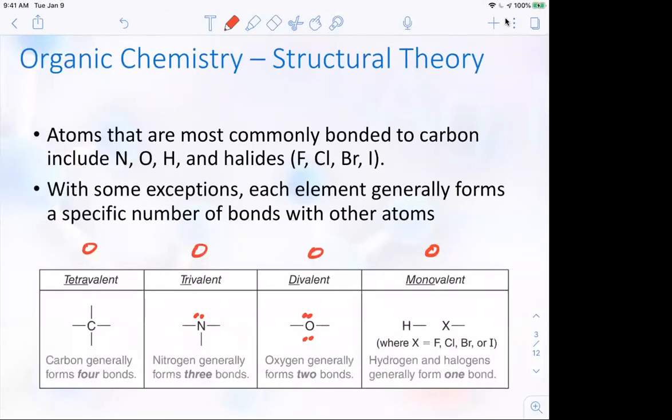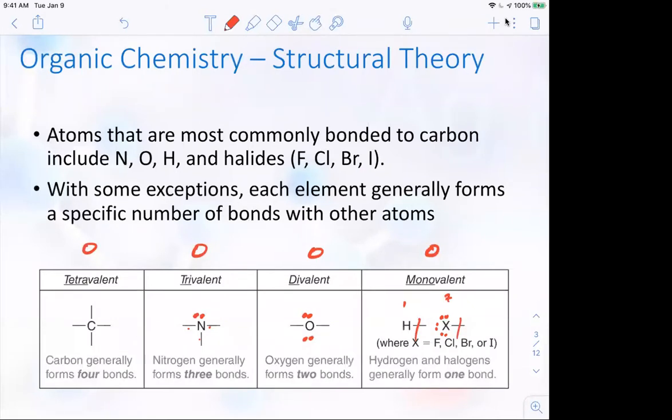With nitrogen, I have 1, 2, half the bonding, 3, 4, 5. It's supposed to be 5. That's a 0 charge. Oxygen with 2 bonds and 2 lone pairs is a 0 charge. And then the hydrogen and the halogen, generally they only form 1 bond. And if I notice that my halogen also has those 3 lone pairs, half the bonding is going to give me 1 and 7, which gives me a 0 charge on that atom.